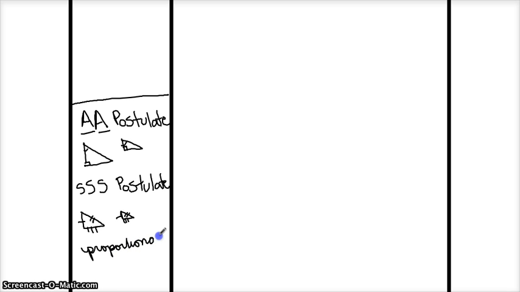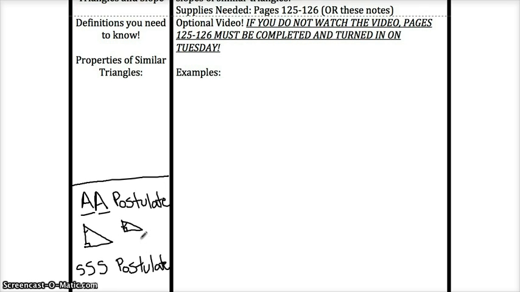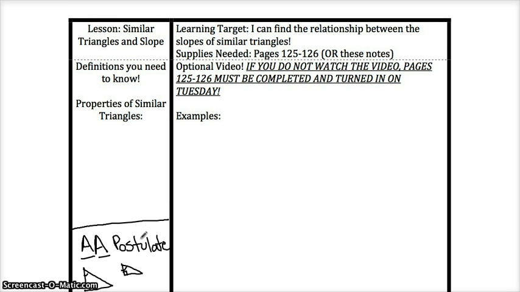Okay, so this is what you should know already before moving on with lesson 5.4, or our slopes and similar triangles. So let's go ahead and move on with this new lesson. I'm starting on page 125, Explore number 1.